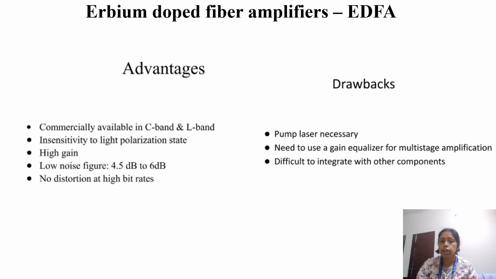We can get a higher bit rate also. The drawback is that the pump laser is normally required, some equalization is required, and it is difficult to integrate. If you want to integrate with other components, you will get difficulties.